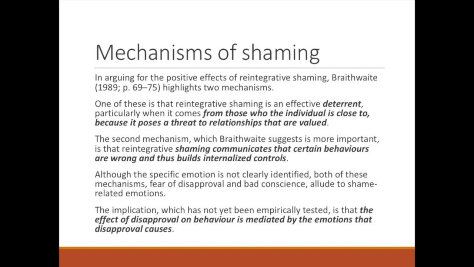So Braithwaite has argued for two main mechanisms when it comes to reintegrative shaming. The first mechanism is that reintegrative shaming is an effective deterrent, particularly when it comes from those people who are close to the individual, to the offender, because it poses a threat to valued relationships.